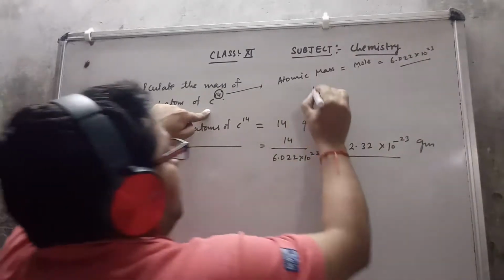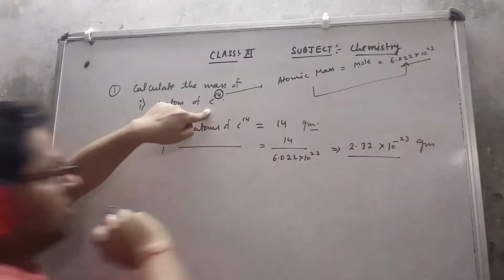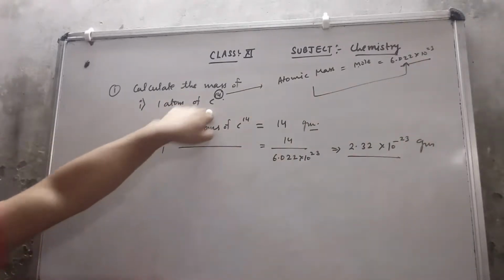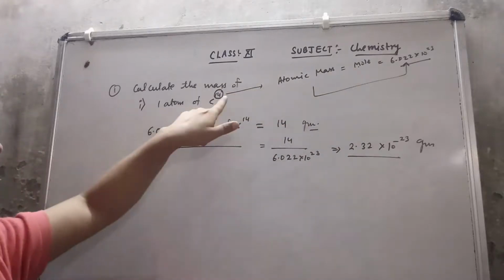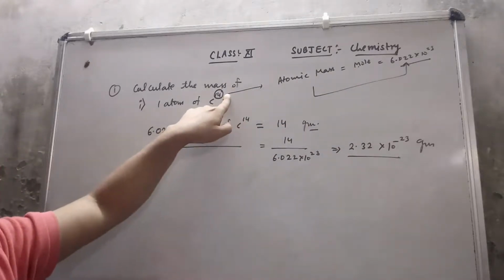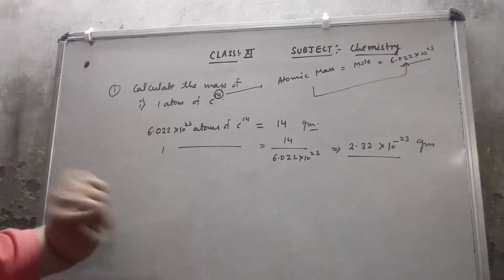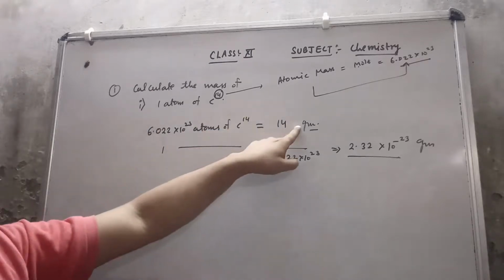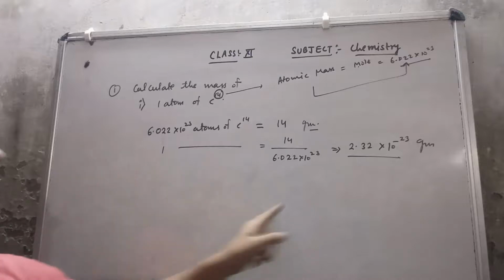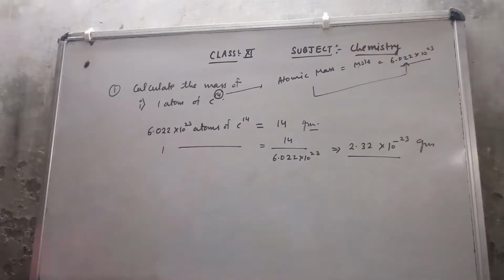So this particle count is equal to its atomic mass. So for carbon 14, the Avogadro number of atoms has a mass of 14 gram. So for one atom, what will be the mass? That we have to find out. After this I will discuss the second question.